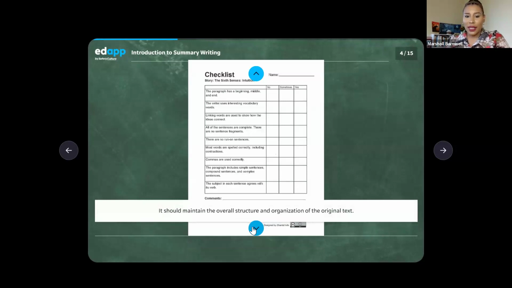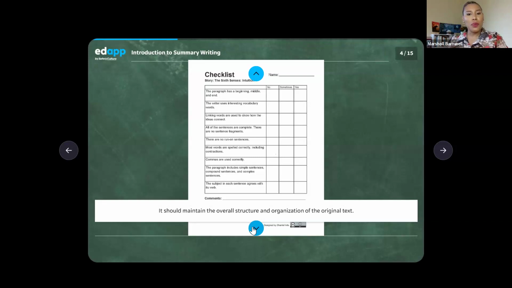Here is another checklist that you can use. It should maintain the overall structure and organization of the original text. So originally, I explained that when we're reading, we read to understand the structure and the organization. The structure is, if it is a persuasive piece and they have the points listed A, B, and C, in your organization of the summary, you should develop the points A, B, and C. It should reflect the process as we go through.